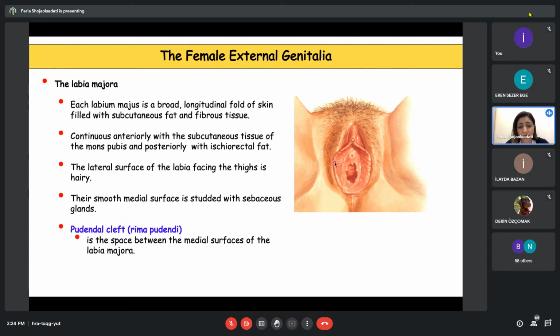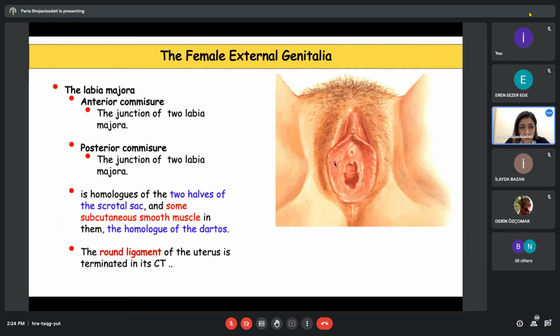The pudendal cleft, or rima pudendi, is the space between the medial surfaces of the labia majora. The labia majora join each other on the anterior side, named the anterior commissure, and on the dorsal side, named the posterior commissure.